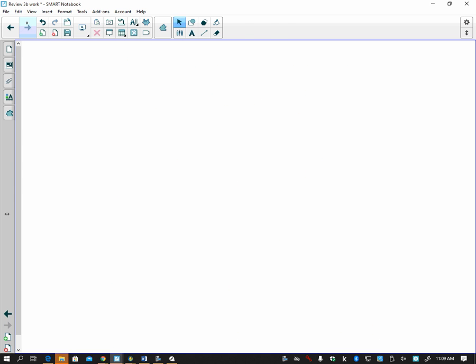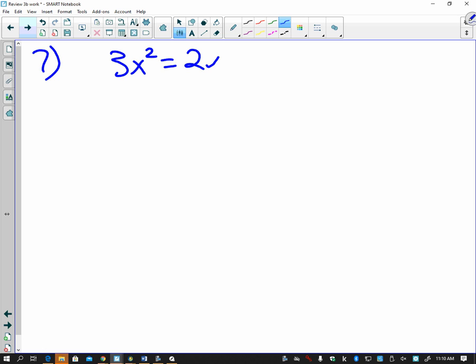Let's see, 7. We're moving incredibly slowly through this. Seven. Use the quadratic formula to solve 3x squared. Okay, great. Hopefully this goes quicker. So they have 3x squared equals 2x minus 4.